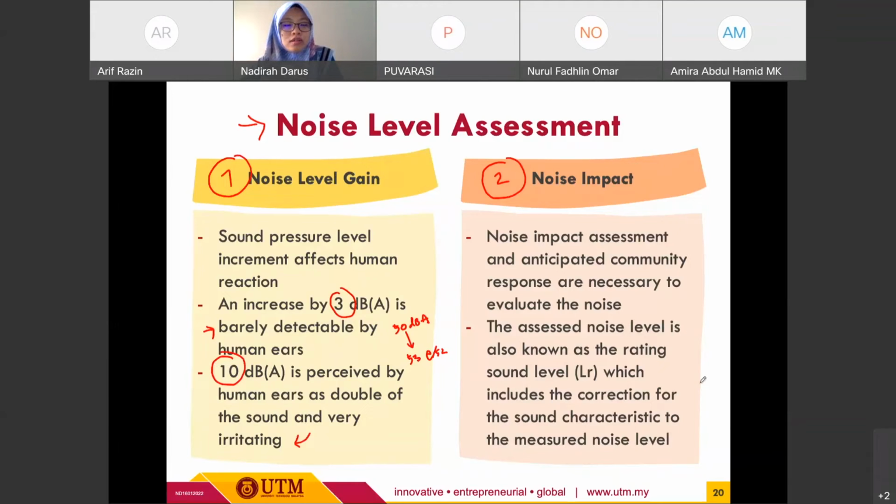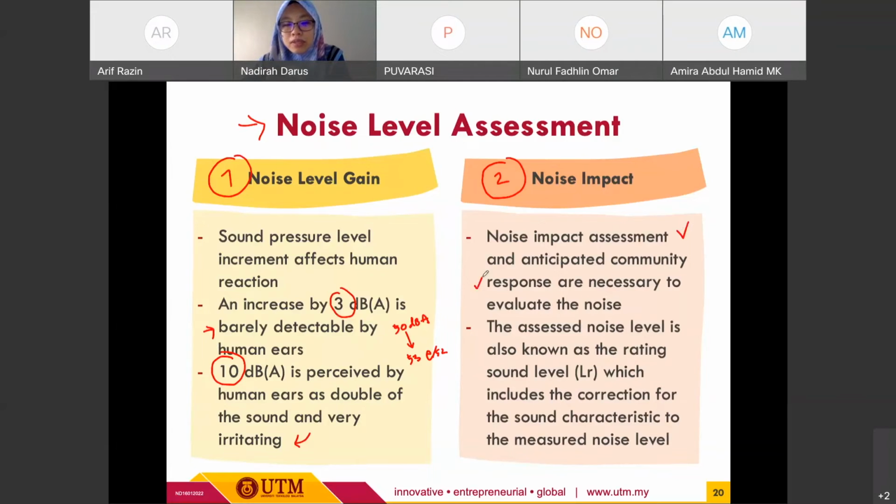Okay, so maksudnya this is the relation based on the measurement, noise level measurement. Then the next step we do the noise level assessment. Okay, we try to evaluate the noise level, how severe or how bad is the condition. Kalau excessive noise level, we try to assess all the related components. Untuk noise impact kita akan tengok noise impact assessment and also the anticipated community response.